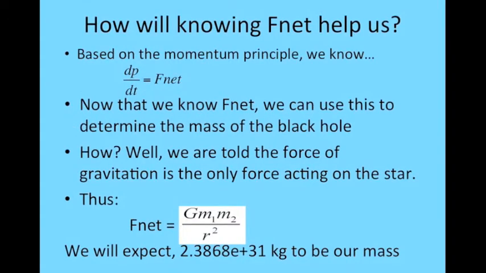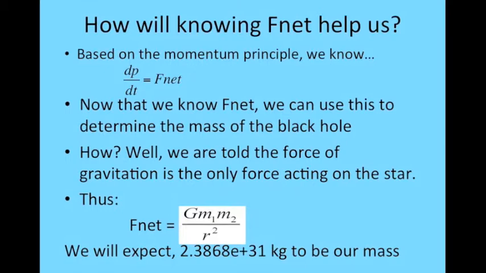We will then use our understanding of the momentum principle, the concept that change in momentum with respect to time is equivalent to the net force acting on an object, to determine the sum of all the forces acting on the star. Once F net has been determined in this manner, we can begin to understand how we will calculate the mass of the black hole. We are told that gravity is the only force acting on the star, so we can say that F net is equal to Newton's universal law of gravitation.